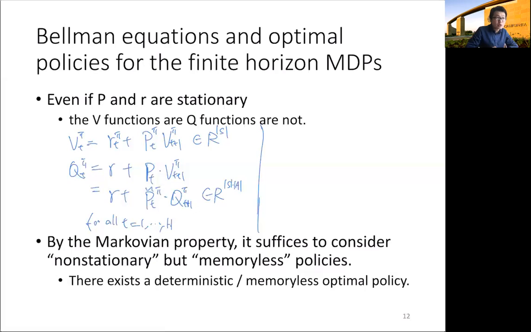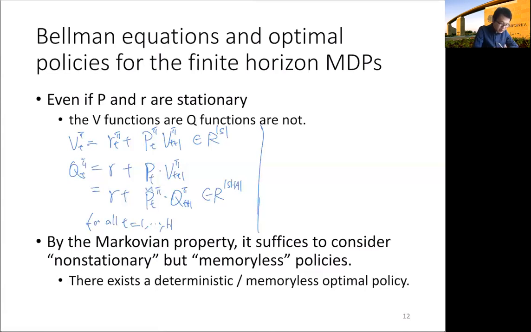Okay, there was a question in the chat from one of the students asking whether I can explain the reasoning for why, when P and R are stationary, the V function and Q function are not.